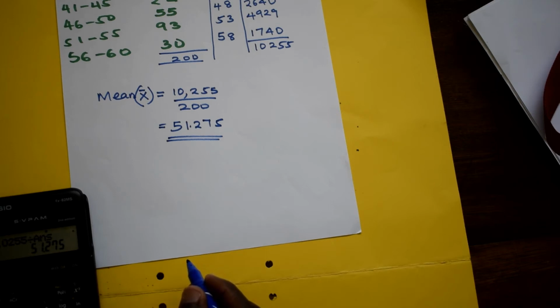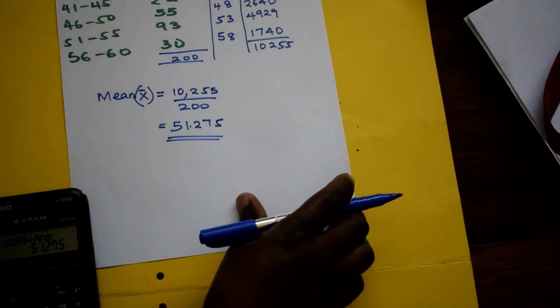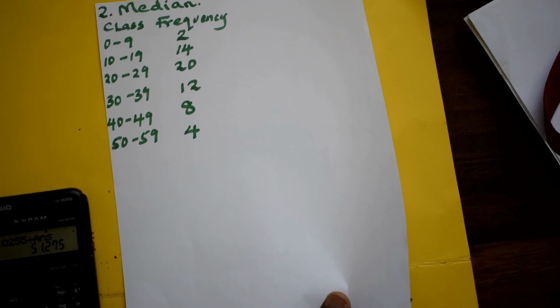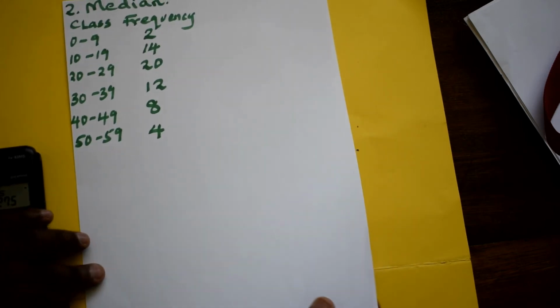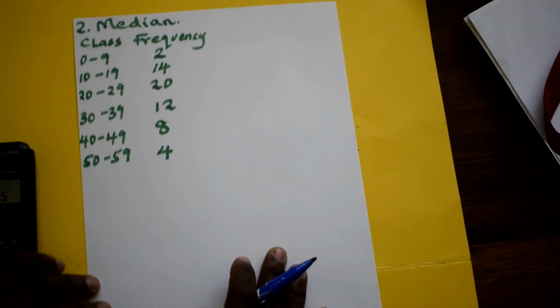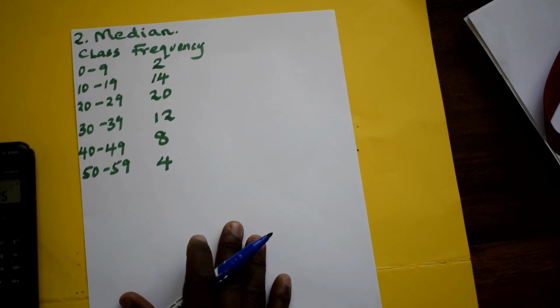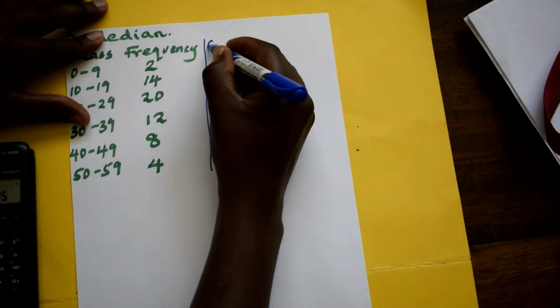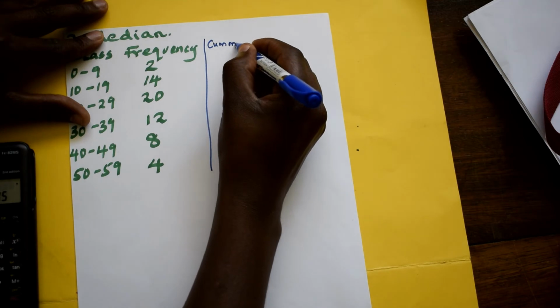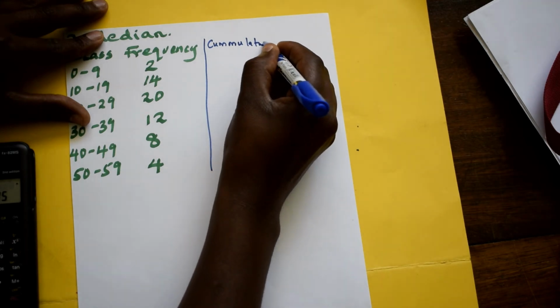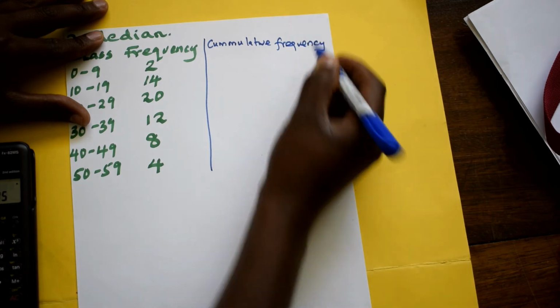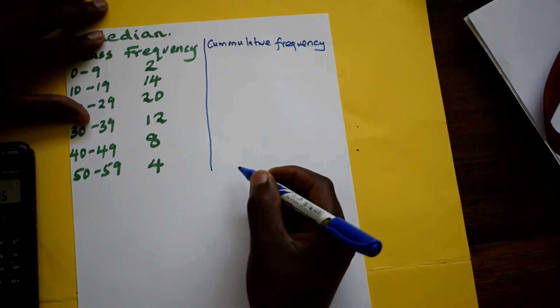So the mean mark for that question is 51.275. The next thing we normally calculate is what we call the median, and the median is calculated by using a formula. We have already covered grouped data. So when we are given grouped data here, we create what we call a cumulative frequency, so that we'll be able to get where the median lies.